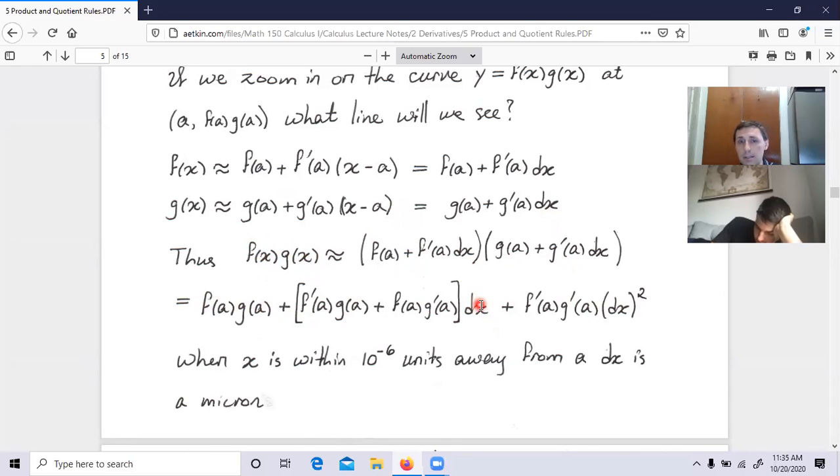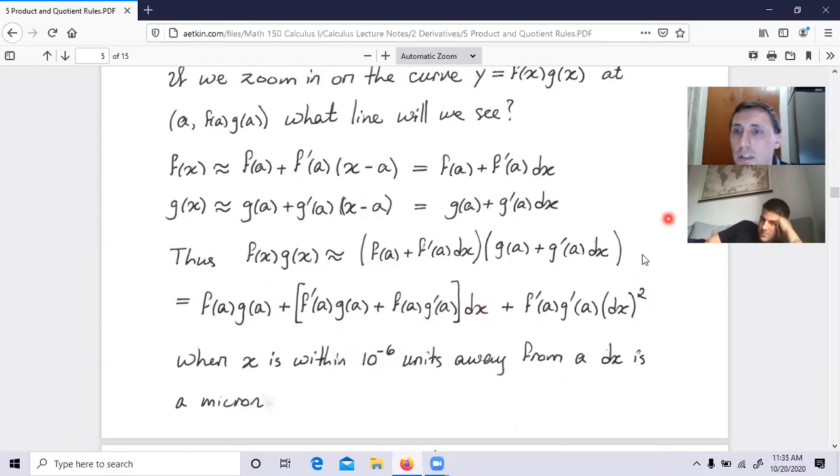dx is the distance of x to a, to the point at which we're zooming. Now imagine that I continue shrinking, and dx is now 10 to the minus 6 of a meter. So it's a micrometer. And then I decide to look at this curve. I amplify my curve by a millionfold, so dx now appears as a meter. What does dx squared appear like?